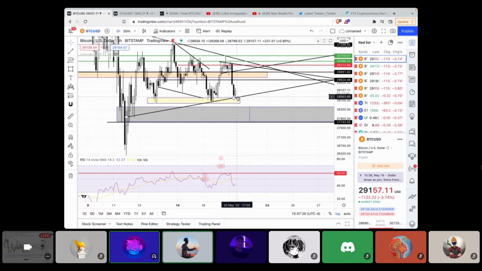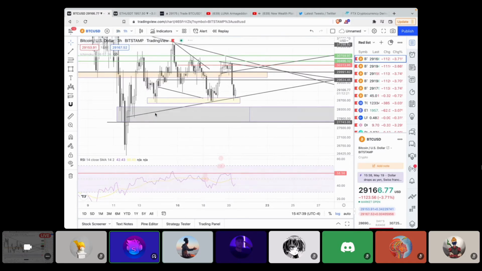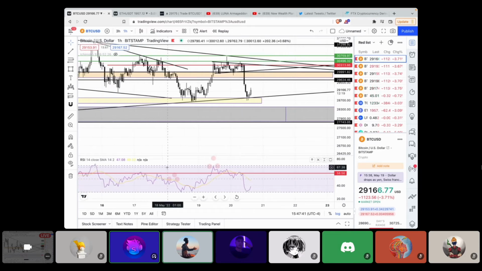Let's say we would have flipped this support line now. If we retest this hour, we mitigated this candle, and we're still going sideways, we're not making any highs, we're giving up this 40 RSI, I might flip short. But right now, what we see on the higher time frames, we've pretty much put in another divergence, right? This is why I took my long.